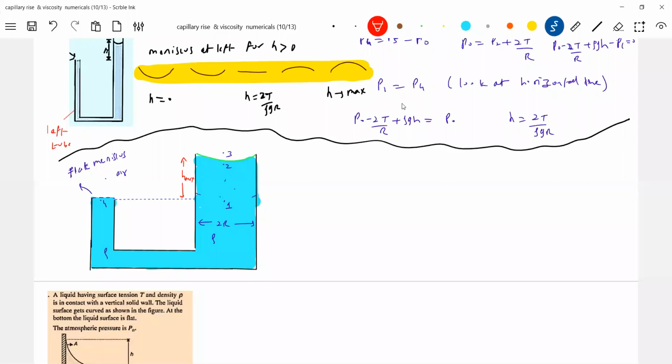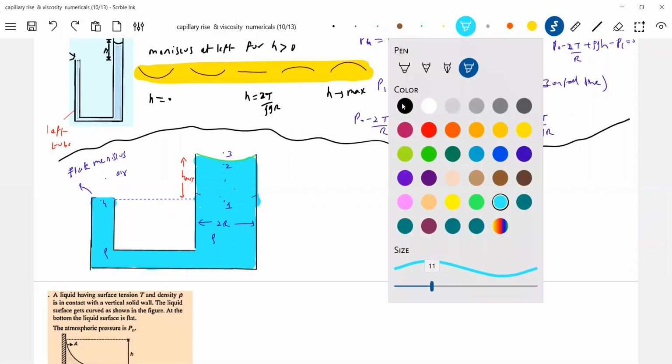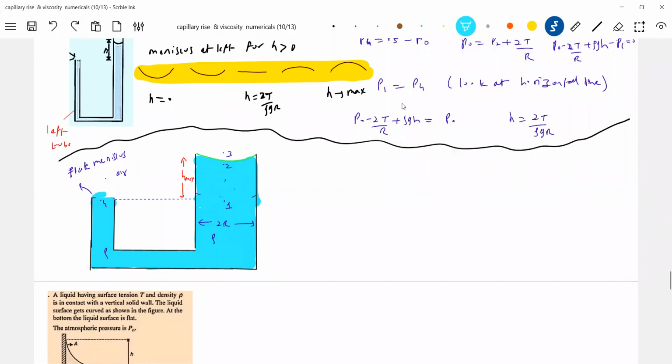So here, how will the meniscus be? Agree with this. So this will be 4, and you bring this as 5.